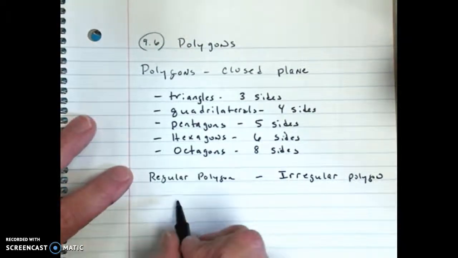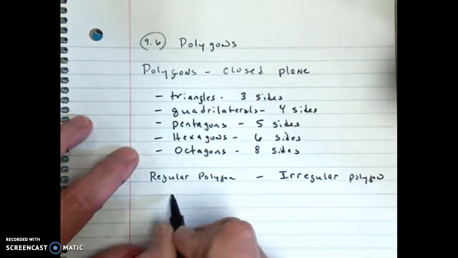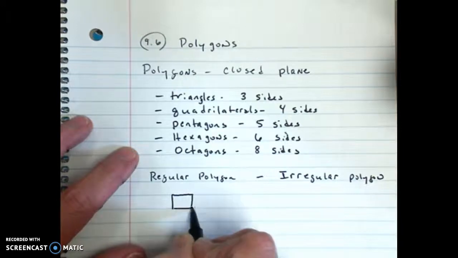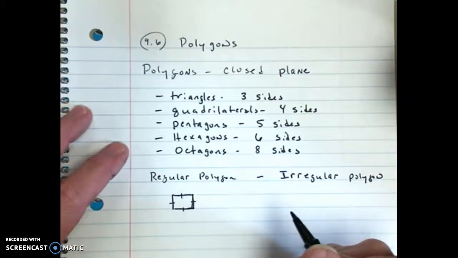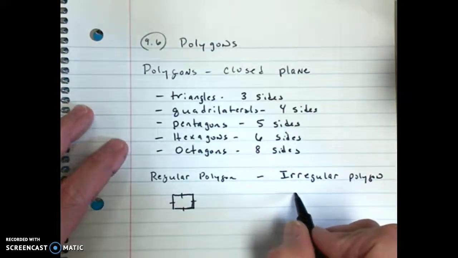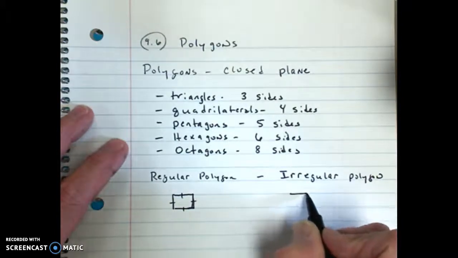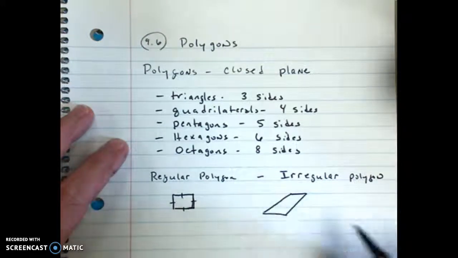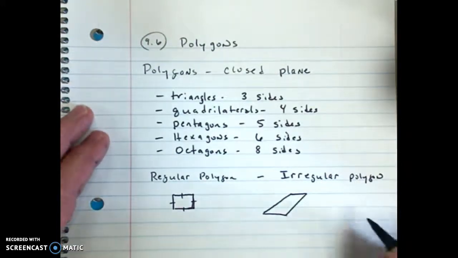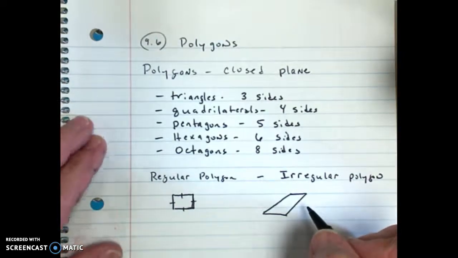For example, a regular quadrilateral would be a quadrilateral with all four sides the same length. An irregular quadrilateral would be something like this. It has four sides, but the sides are all different, and so that would be an irregular quadrilateral.